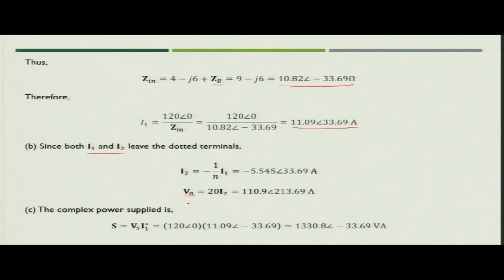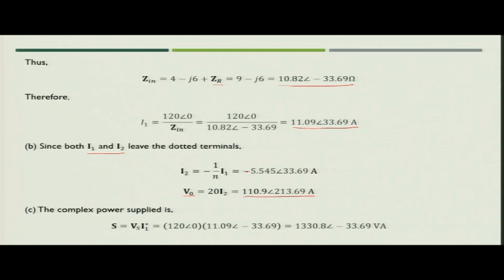So, what will be V naught? V naught will be R into I2. So, it will become 110.9 angle 213.69 volt. What has been done here, since we have the minus sign, this minus sign has gone inside the angle value, because minus 1 is nothing but 1 angle 180 degree.